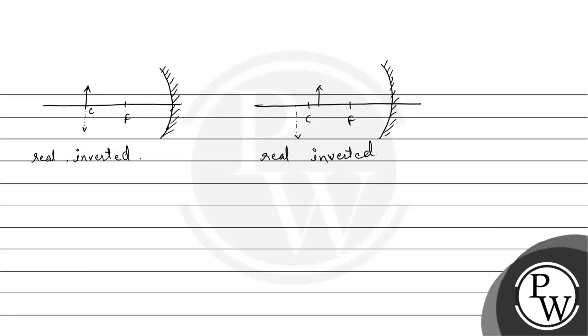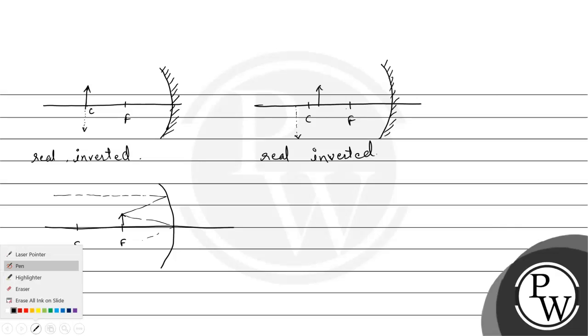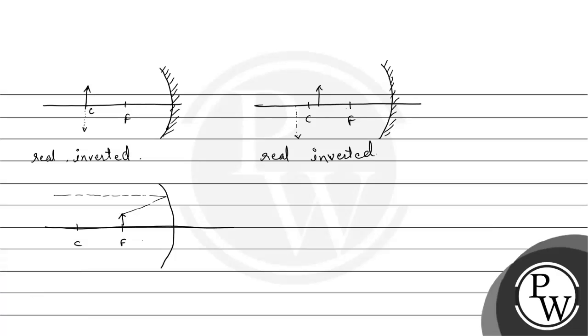And the next case we are going to see is when the object is placed at F. This is C, this is F. Then the object is placed at F. Then the light rays after reflection become parallel to each other, and hence they go towards infinity.